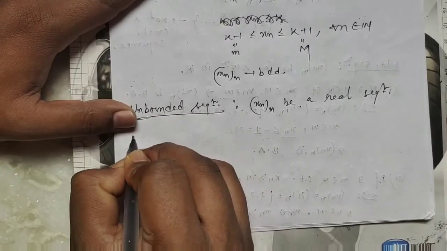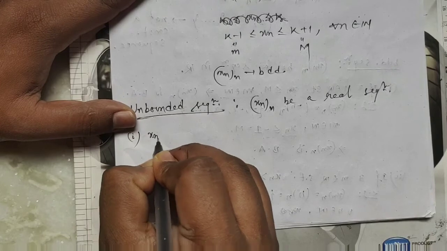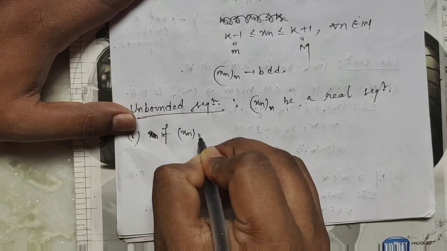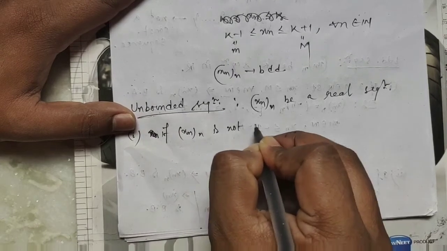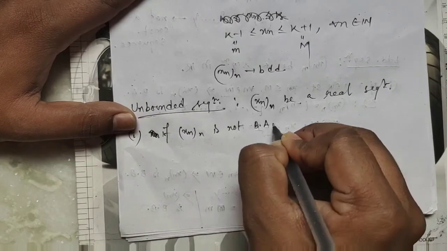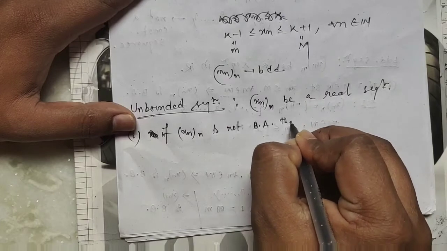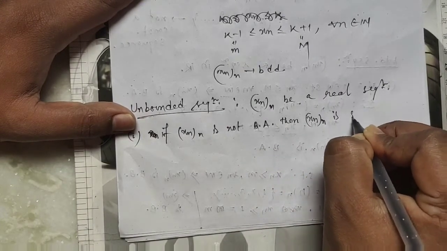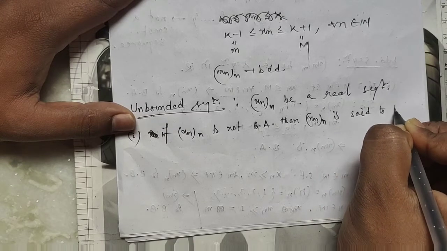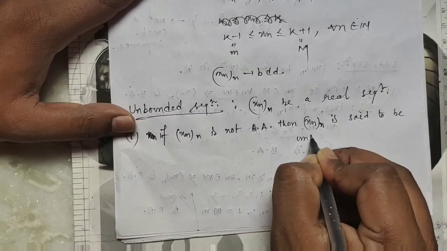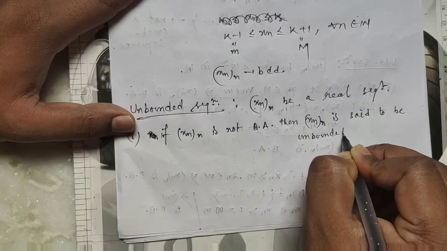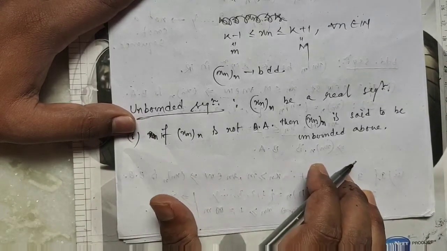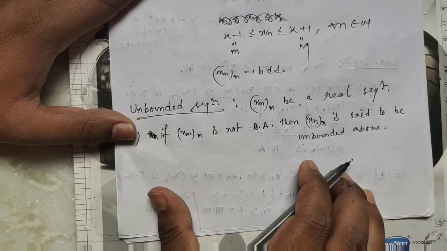Then number 1, if xn is not bounded above, then the sequence xn is said to be unbounded above. Okay, then the sequence xn is said to be unbounded above.